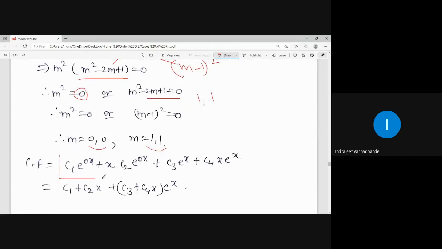So for 0 I write it this way, and for 1 I write it this way. Because 0 and 1 are two different roots, but 0 and 0 is repeated, and 1 and 1 is repeated, so it will be done in that way. I hope the calculation for the complementary function and finding the roots of the auxiliary equation is clear.